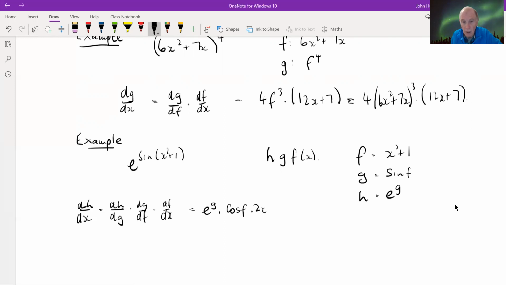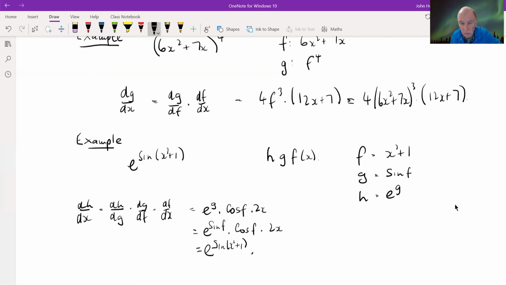Okay, so that's what we've got, but then we have to put our substitutions back in. So e to the power of g is going to be e to the power of sine f, times cosine of f, times 2x. But then obviously we need to do our f substitution. So we've got e to the power of sine of (x squared plus 1), times cosine of f.